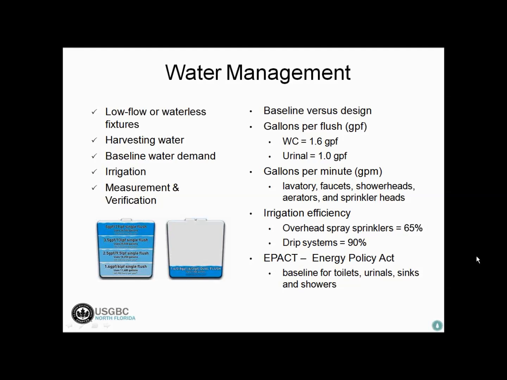So for the indoor plumbing fixtures, the way we're measuring this percentage is we're basically saying, all right, if our building used all of the EPAct baseline fixtures, 1.6, 1.0, half a gallon per minute, and then you take the number of people in the building, number of days per year the building is used, and USGBC has basically guidelines that every person is going to use the bathroom 3 times a day.